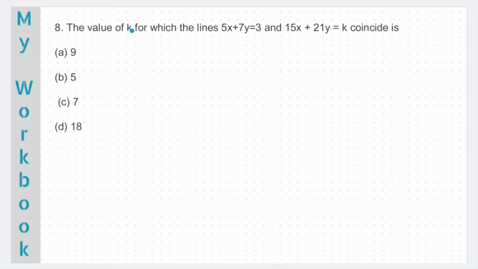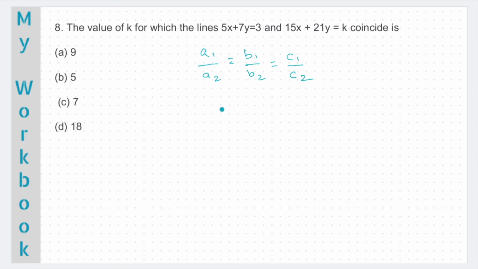Next, question number 8. The value of k for which the lines 5x plus 7y equal to 3 and 15x plus 21y is equal to k coincide is. So for two lines to coincide, what is the relation? a1 by a2 should be equal to b1 by b2 and should be equal to the ratio of the constants.